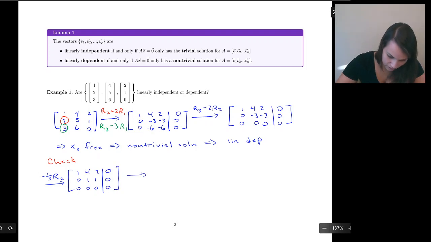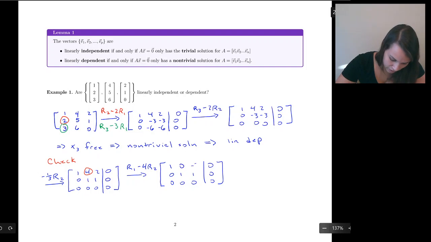And we can knock out this 4 that we have right here. We can do row 1 minus 4 row 2. Row 3 stays the same, row 2 stays the same, and then row 1 changes. And we get 0, negative 2. Okay, so now that we have that, that means we have this system of equations.